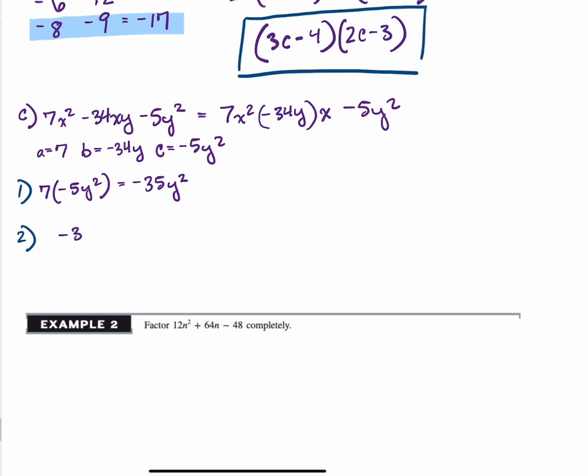So negative 35y squared, well, that could just be positive y and negative 35y. When we add those together, we'll get negative 34y. So we get 1y and minus 35y.